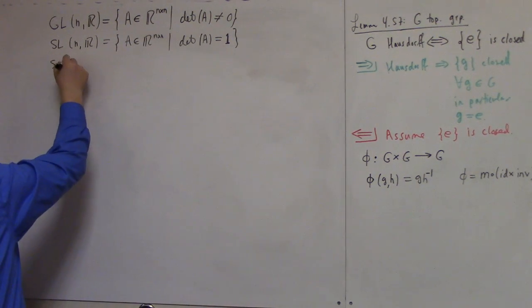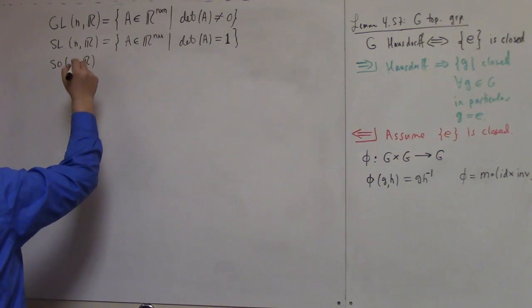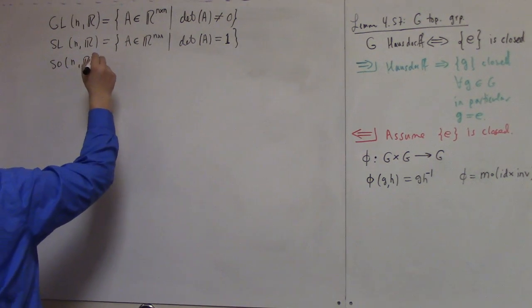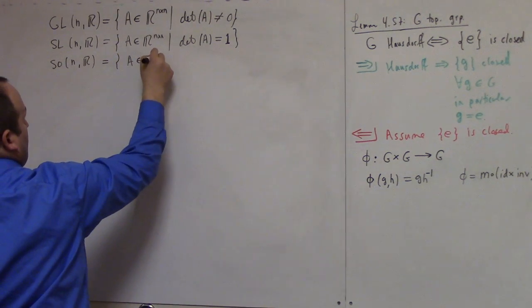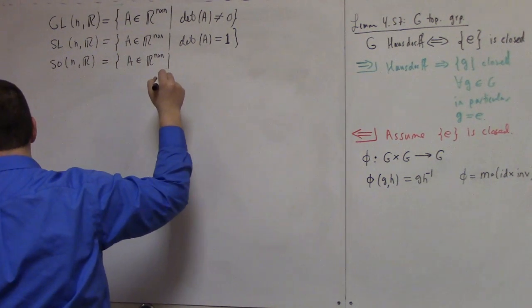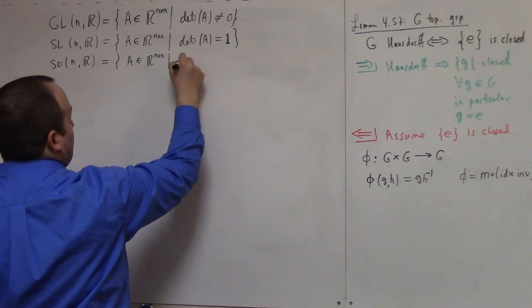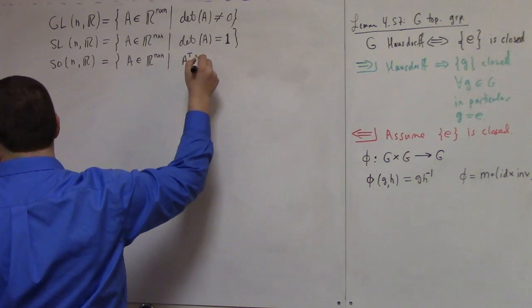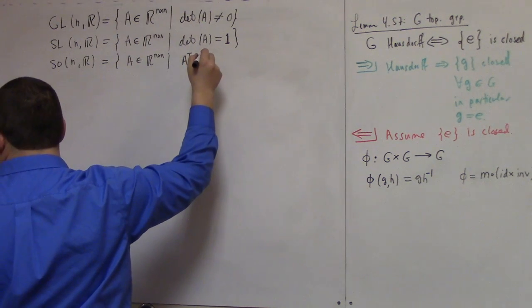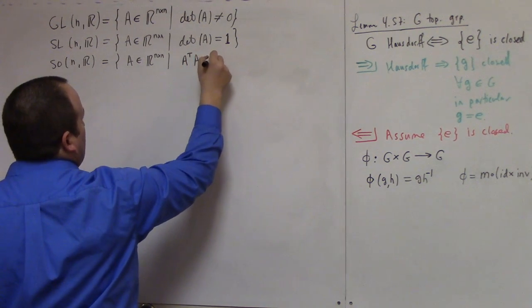SO n R. These are the special orthogonal group. This is n by n real matrices A such that A transpose A is equal to I. I mean, you can put the transpose on either one, it doesn't matter.